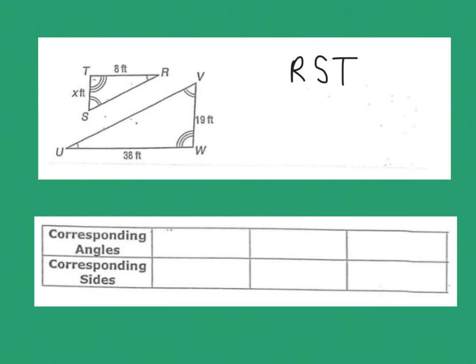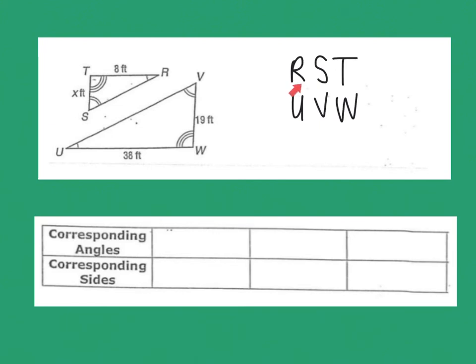U had 1 loop, so it's going to go first. V has 2 loops, so it's going second. And W had 3 loops, so it's going to go last. Now, we don't always use these same letters, R, S, T, and U, V, W. I know the last example had the same letters, but we don't always use those, okay? Now, I can color code my triangle and put these together.